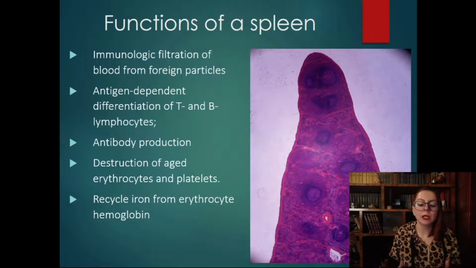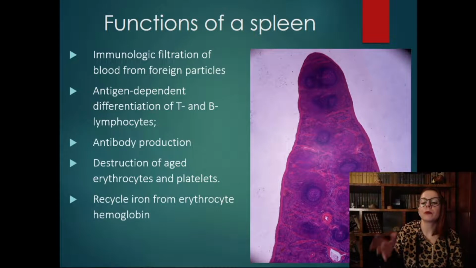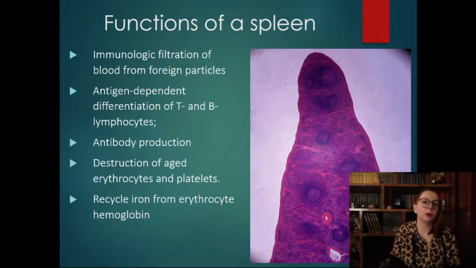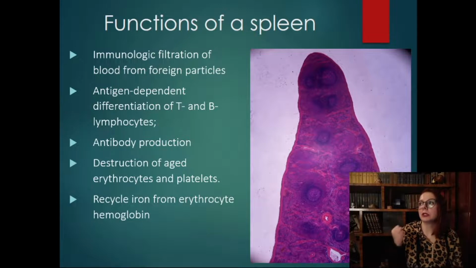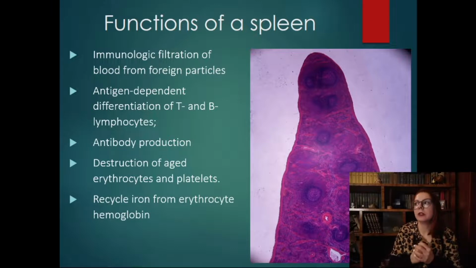Notice that in some textbooks you are also given the information that spleen is used as a storage of blood. In humans it doesn't work, because a spleen is like a clenched fist. It is very low volume, and it has the capsule with very few smooth muscles in it, so it can't contract significantly.